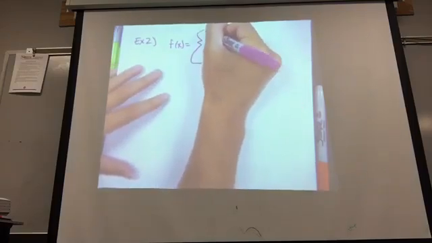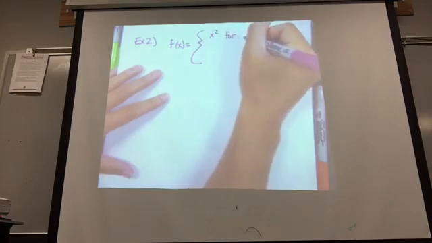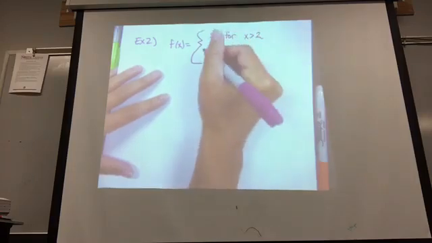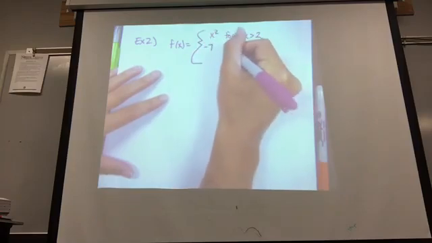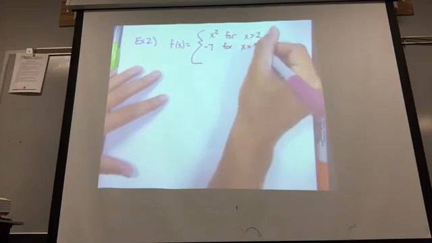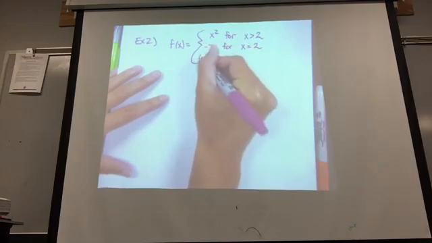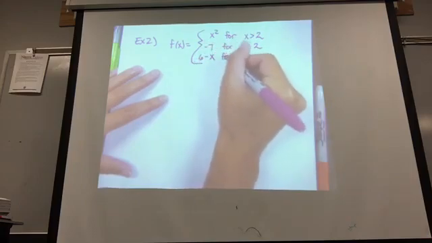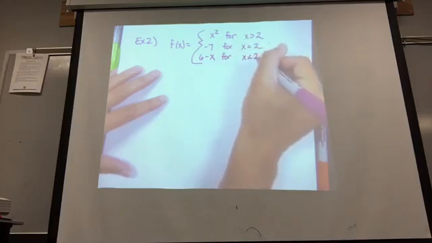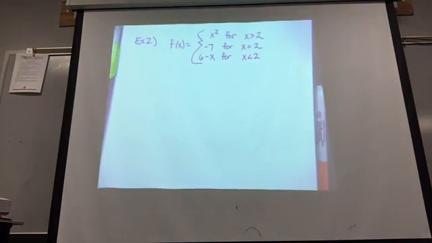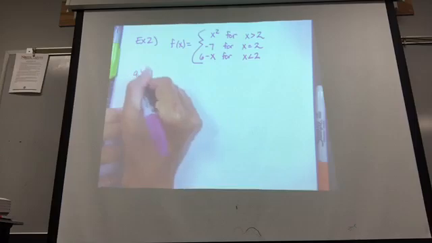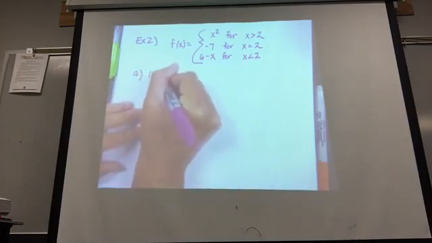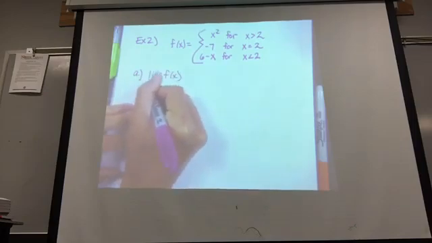I have x squared for x greater than 2, negative 7 for x equals 2, and 6 minus x for x less than 2. Instead of graphing it, I'm going to use direct substitution. So, A, the limit of f of x as x approaches 2 from the right.